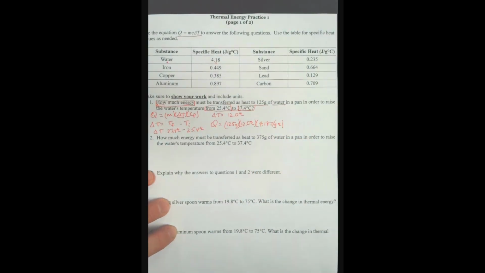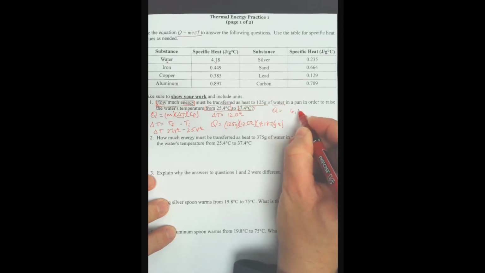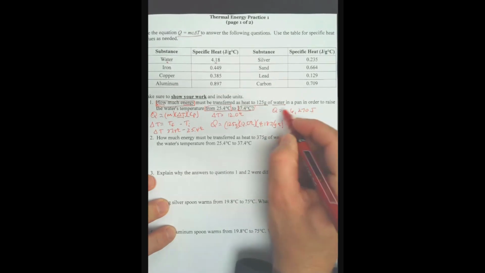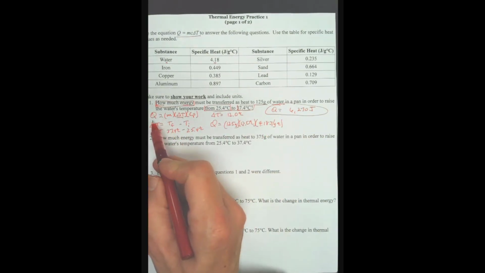So now I can just bust out my trusty calculator and do the math on that. If I do the math, I've got 125 times 12.0 times 4.18 equals 6,270. So my Q equals 6,270 joules. Now, I know it's joules because of two reasons. A, I know that the unit for Q is J, or joules.